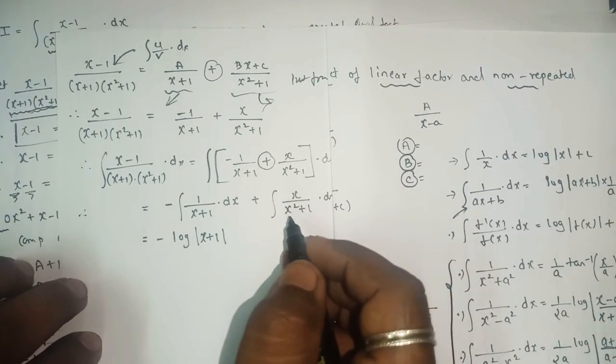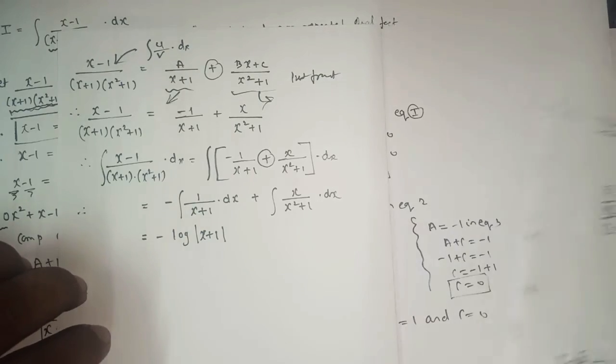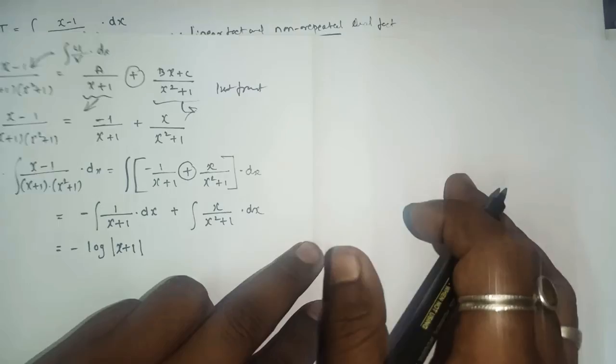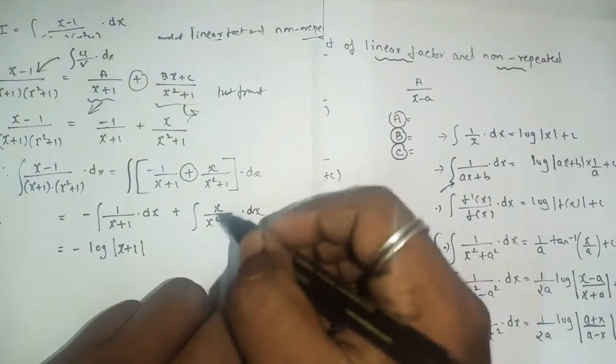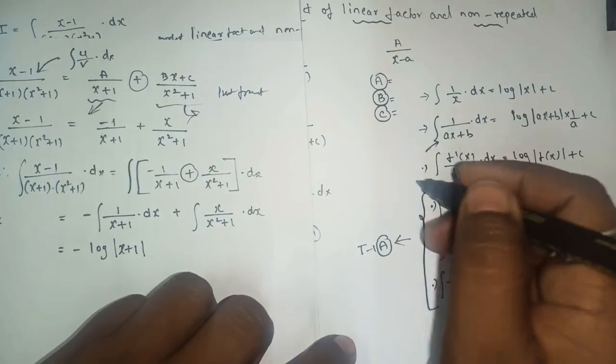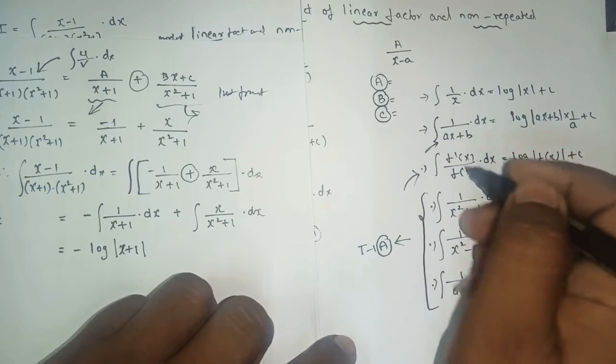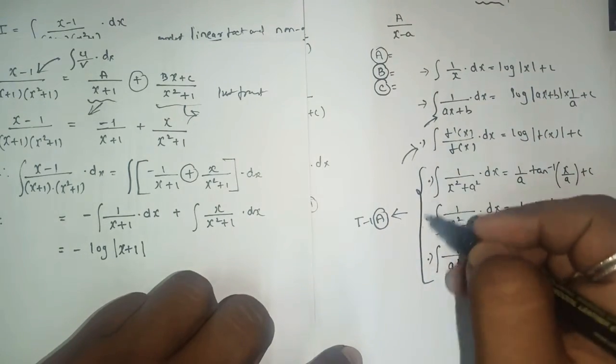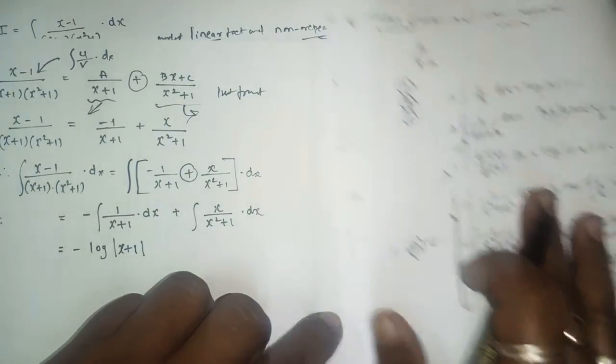Now what to do about the second one? As I just explained, the second part will get converted either into the f dash x upon f of x formula, or into the type number 1a.